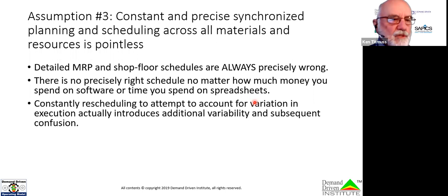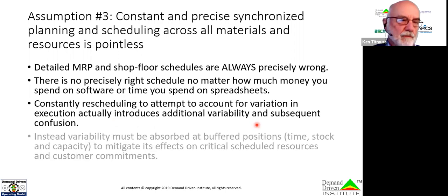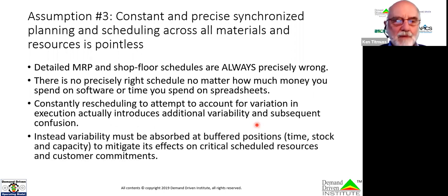Constantly rescheduling to attempt to account for this variation in execution actually introduces additional variability and subsequent confusion. So instead, variability must be absorbed at buffered positions. We do this by putting in time, stock or capacity buffers to mitigate its effect on critical scheduled resources and customer commitment.